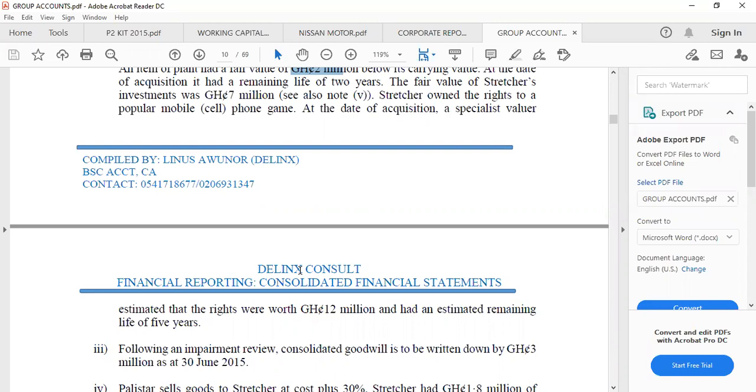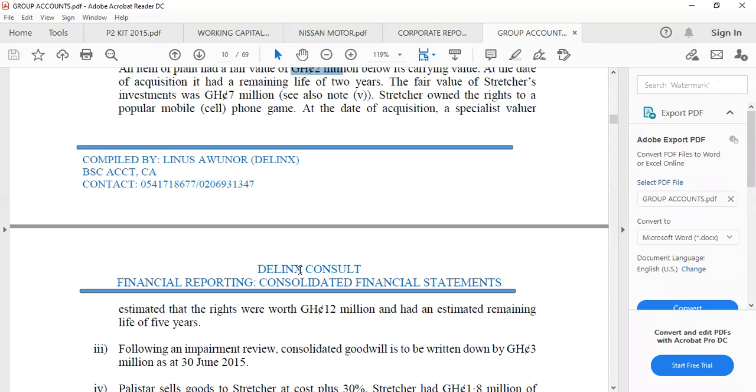So the right is 12 million at the date of acquisition. And they say this has a remaining useful life of 5 years. So the date of acquisition was January 2015. At the reporting date, which is June 2015, the value was 12 million at the beginning. At the end, would the value still be 12 million?